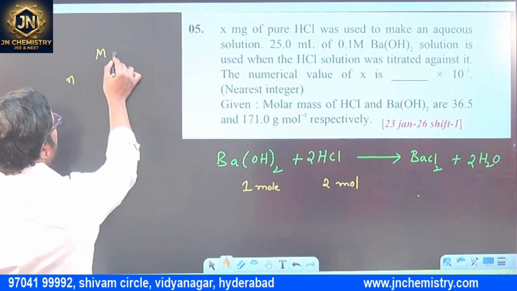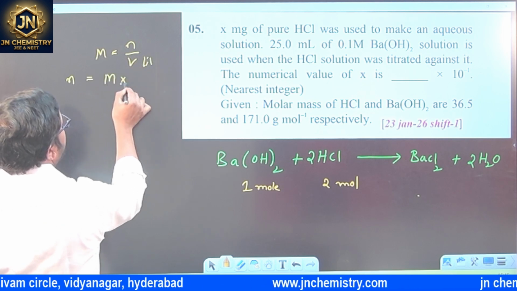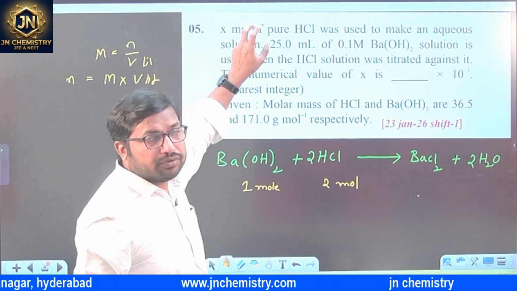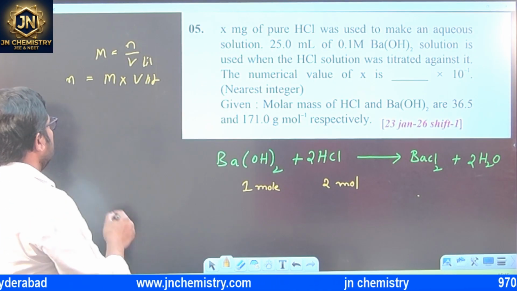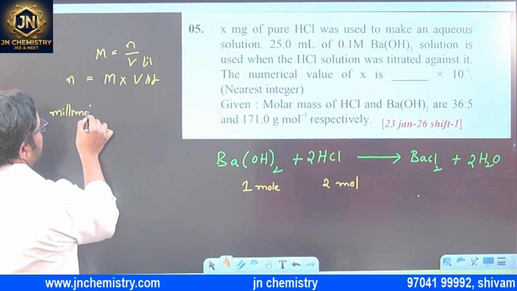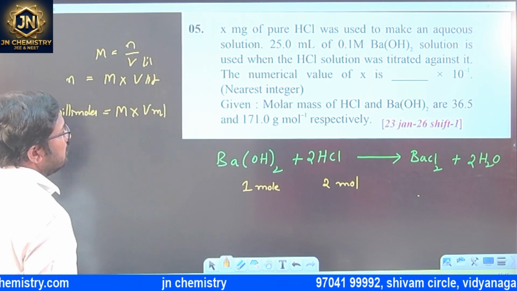Here is the number of moles. Molarity is equal to number of moles by V in liters. Number of moles is equal to molarity into V in liters, right? But here they are asking for X milligrams, so we can go with millimoles. Millimoles is equal to molarity into V in ml. Directly we can take it like this.